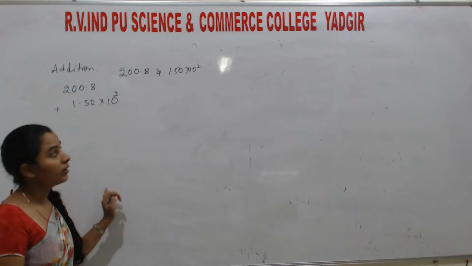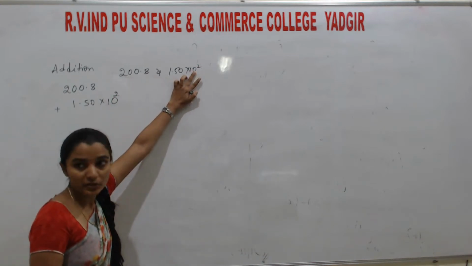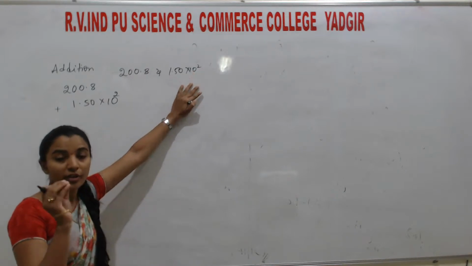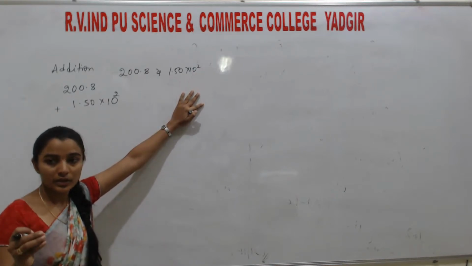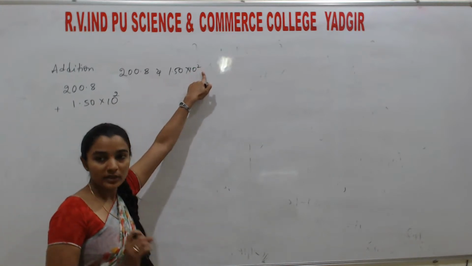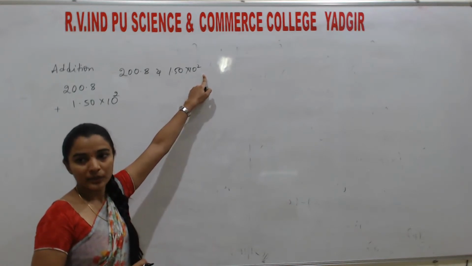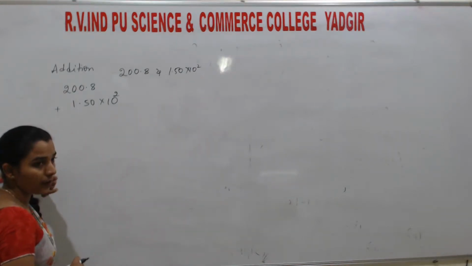Multiplication and division won't require the powers to be same, but for addition and subtraction the powers must be same. Understand? Because you have to take them as a common factor.